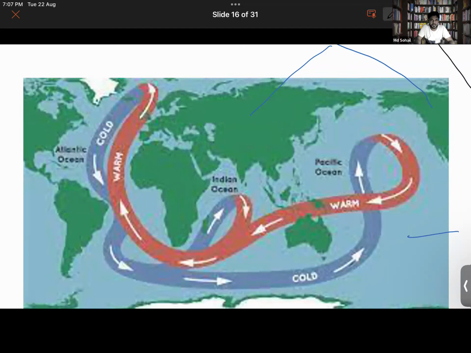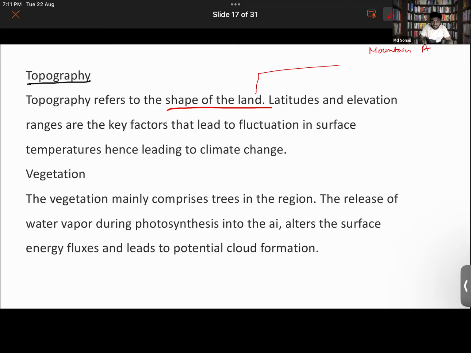For example, if you take the example of India, you have got mountain ranges in the north. Then you come to the plateau as well, right? Then you have northern plains here in India also, northern fertile plains. Then you have got deserts also.